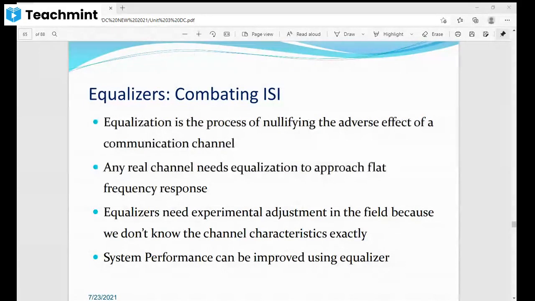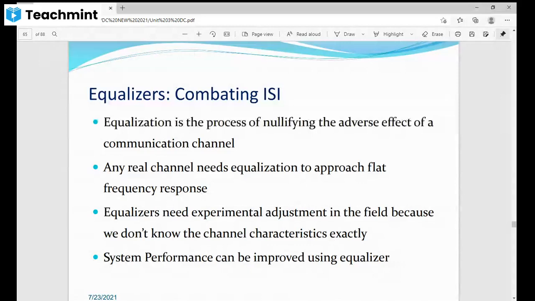And where is this equalizer placed? It is placed before the decision device.